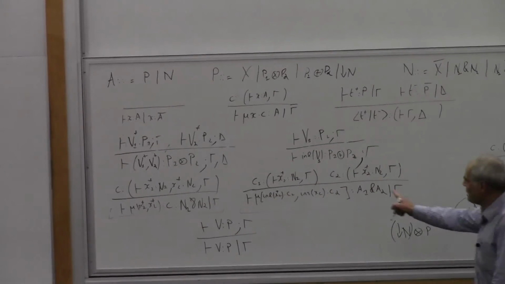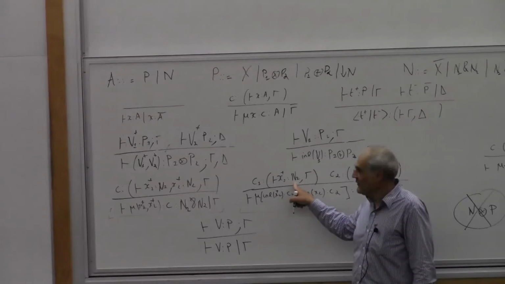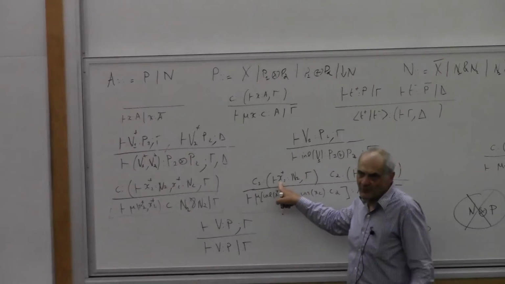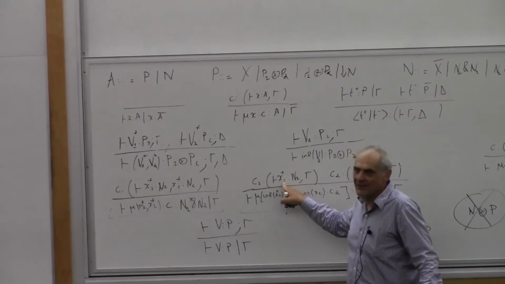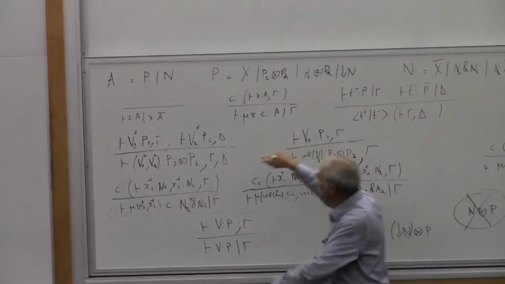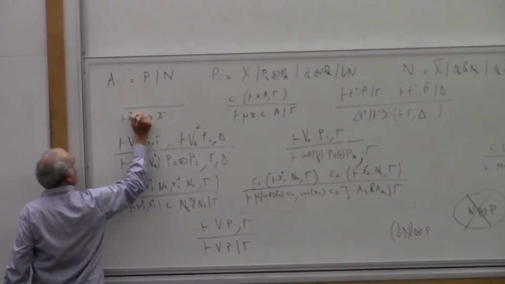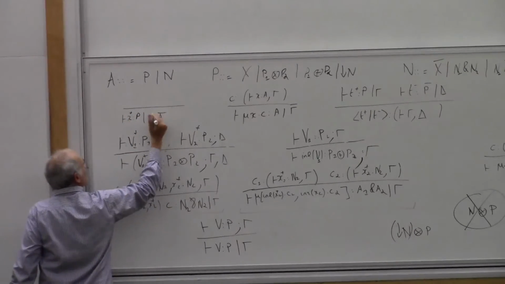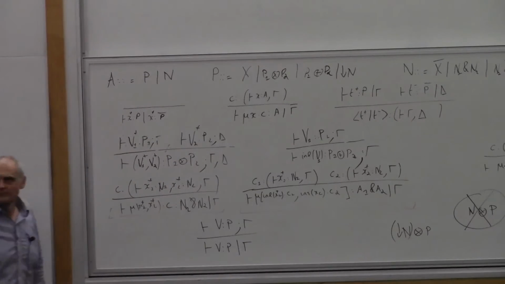You may be surprised to see that a negative assumption is named by positive variables. But think of the axiom. The axiom tells me that, it's written here. So I have, for example, that x plus is of type P under the assumption that x plus is of type P bar.